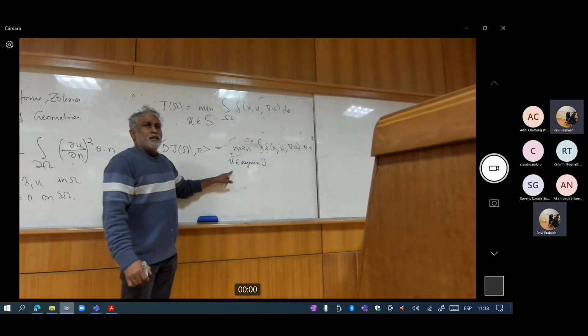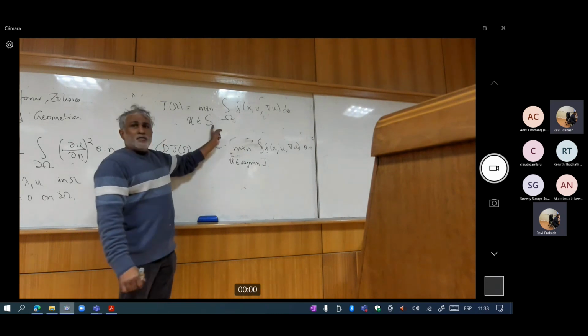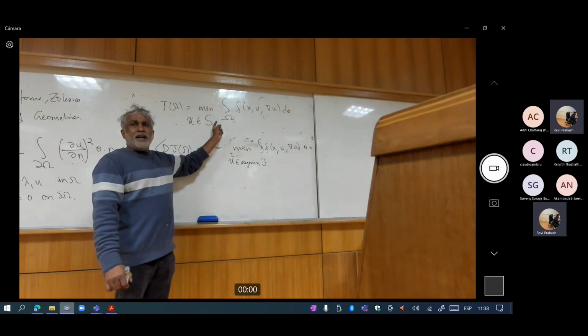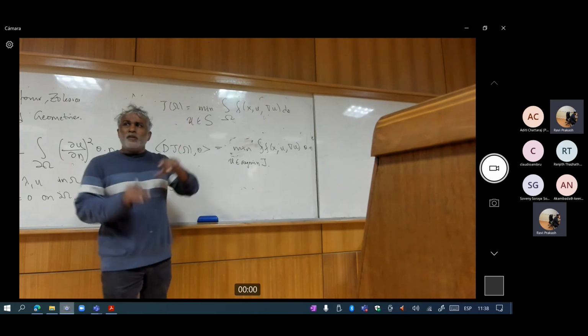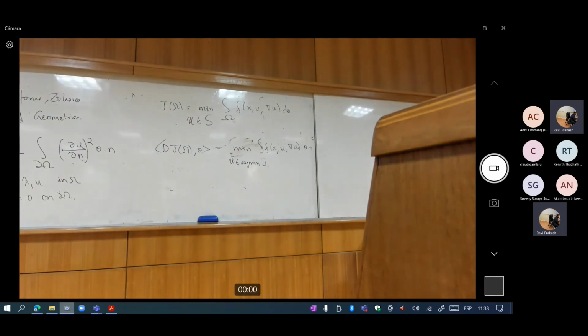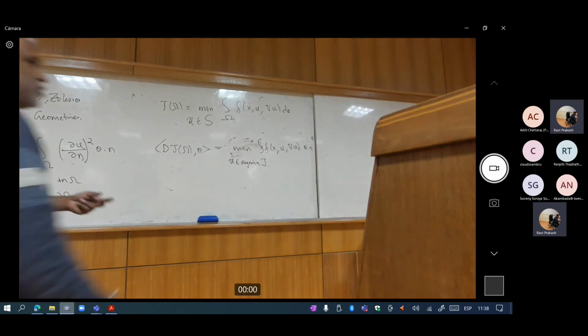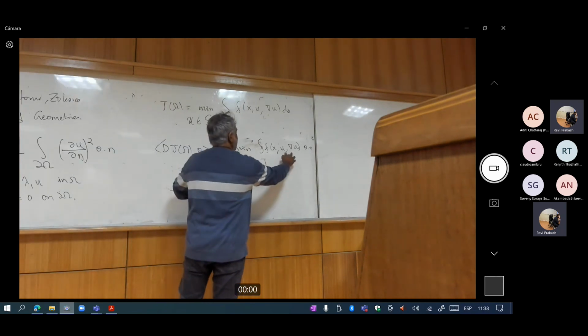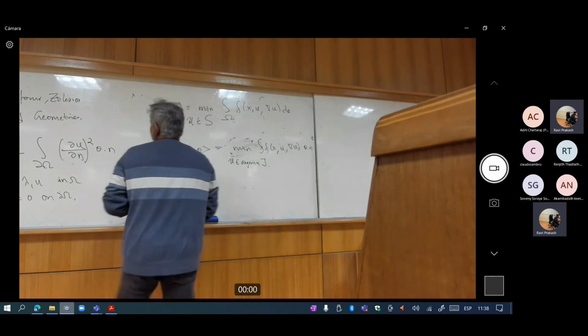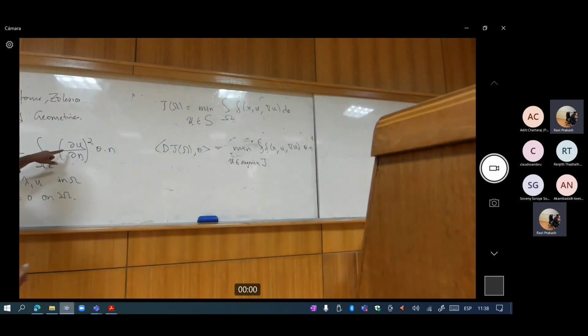So if the original problem has only one minimizer, like in the eigenvalue problem, where there's only one eigenfunction corresponding to the base frequency, then you only need to calculate this. And in the case of the eigenvalue function, this is the gradient of u squared, and since u is 0 on the boundary, the tangential derivative will be 0, and so you only have the normal component.